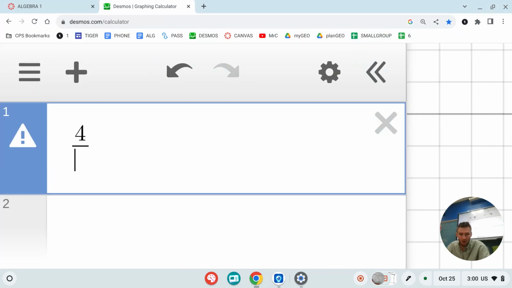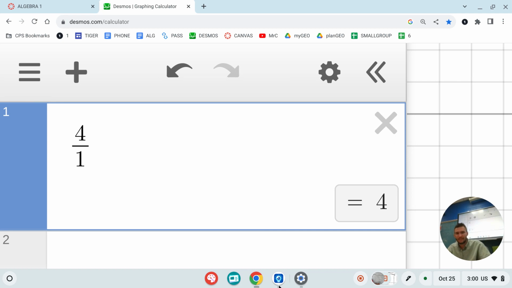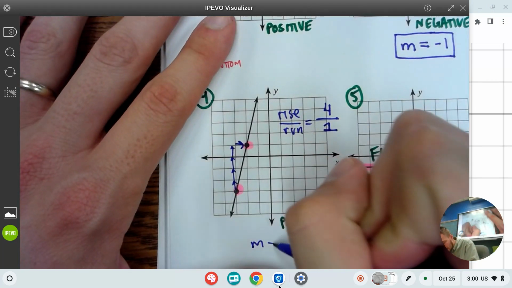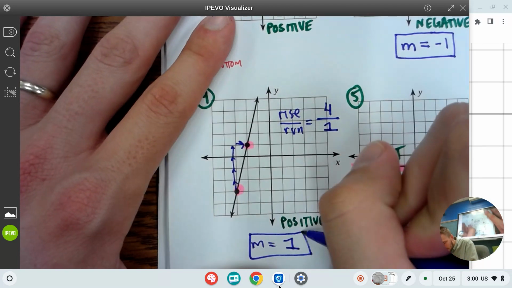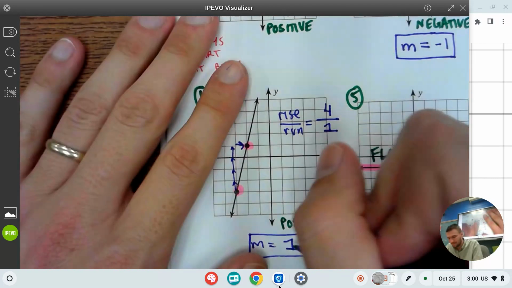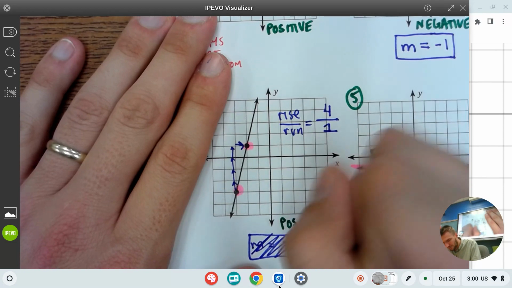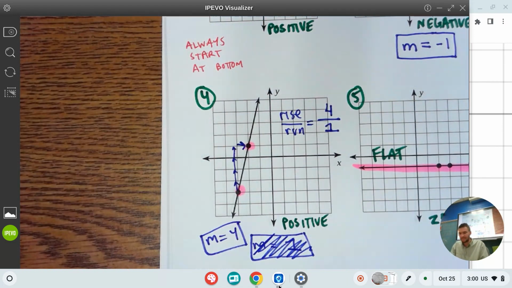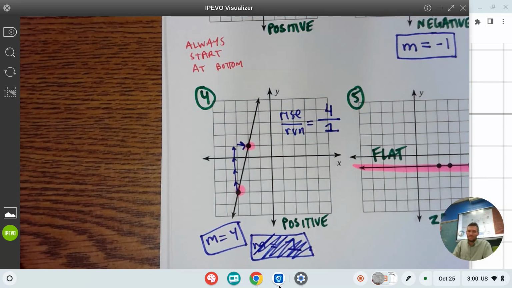Fraction 4/1. What do we get? 4. Just a straight up 4. Our M is 1. Nope. I am just going crazy. What is the matter with me? M equals 4. Okay, M equals 4. We've only got 2 left.